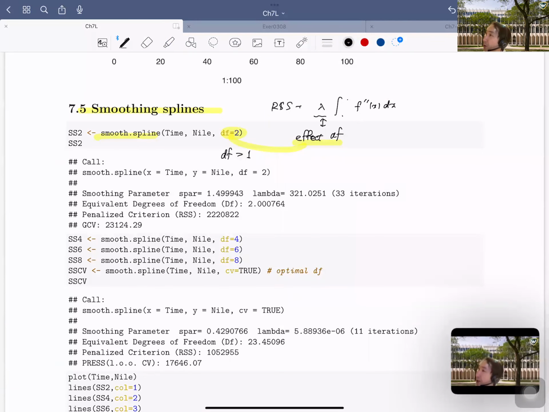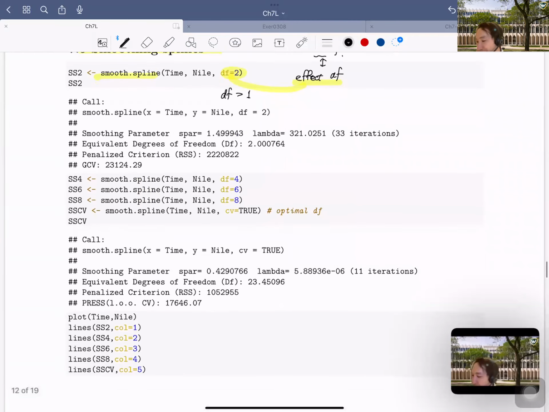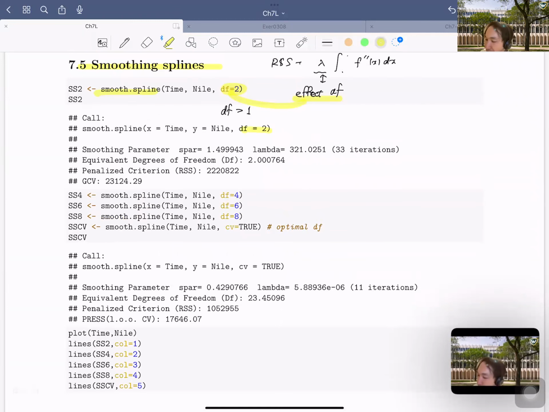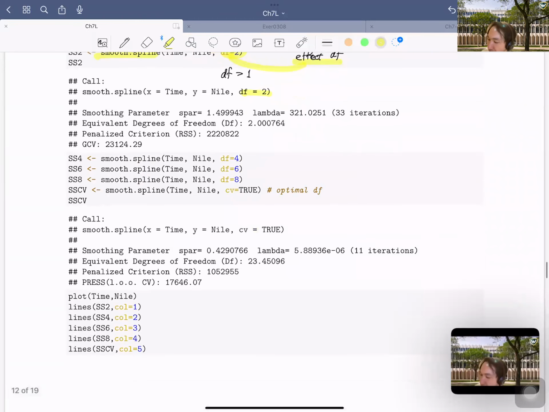With df equal to 1, I think it should be possible to fit a straight line, but actually it does not work. I don't know, some coding reasons there. So 2 or larger works fine. We can fit 2 or 4 or 6 or 8. Of course, we can fit df equal to 7.5, for example. It can be any number larger than 1.